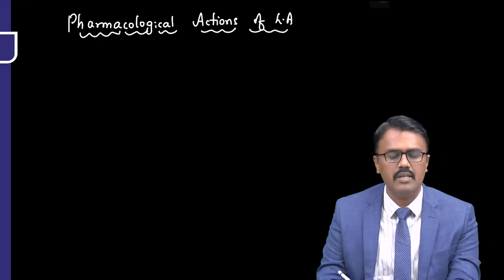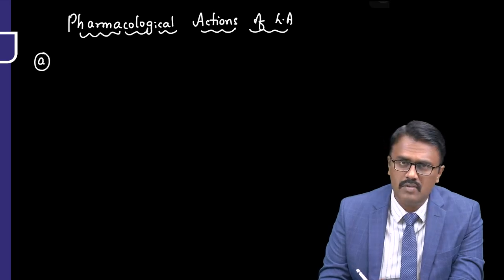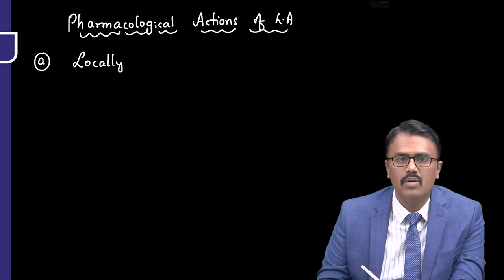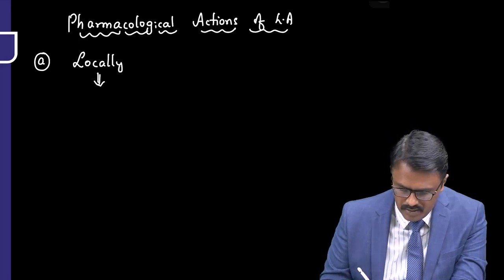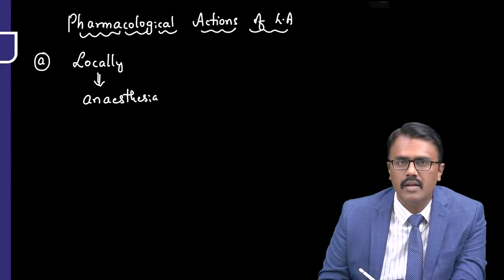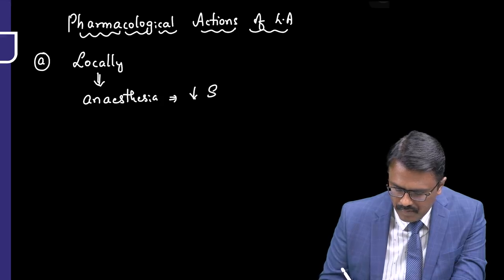When we give local anesthetic, they will act locally, but what happens if they go systemically? First we will understand locally what happens. Locally they produce anesthesia, correct?